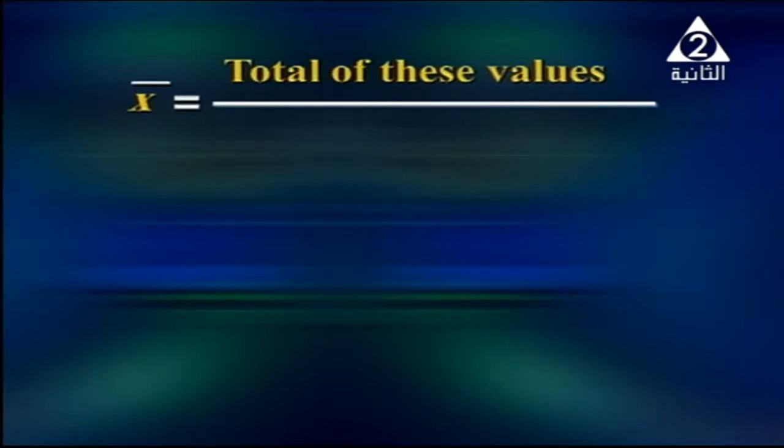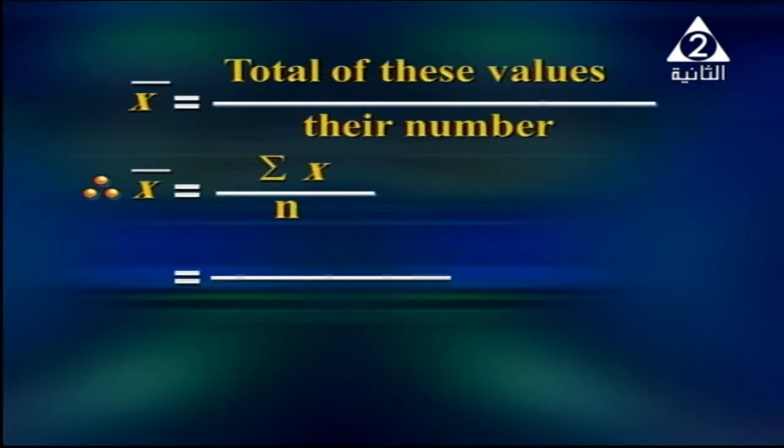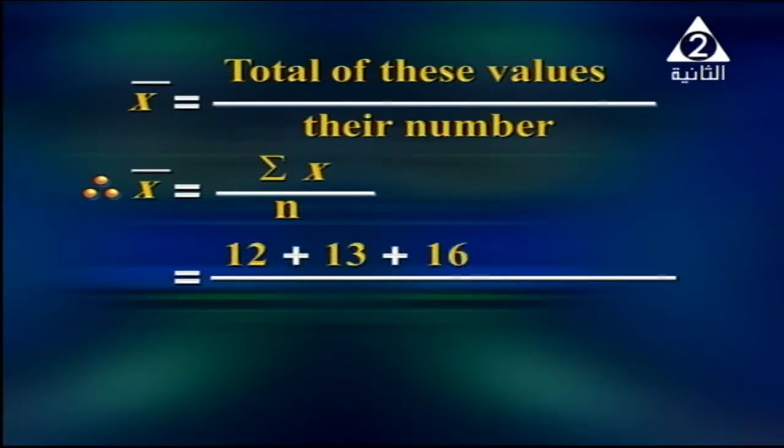x bar equals the total of these values over their number. Therefore x bar equals the sum of x over n equals 12 plus 13 plus 16 plus 18 plus 21 over its number, which equals 5.